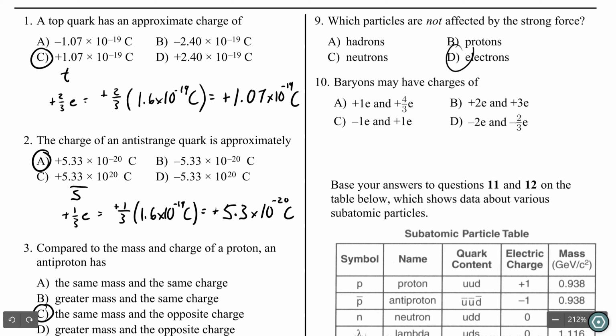The electrons are not affected by the strong force because they're not in the nucleus. And if you think about it, protons and neutrons, we said, are types of baryons, which are considered hadrons. So these 3, A, B, and C, are affected by the strong force. Electrons are not in the nucleus of the atom, and they're not affected by the strong force.